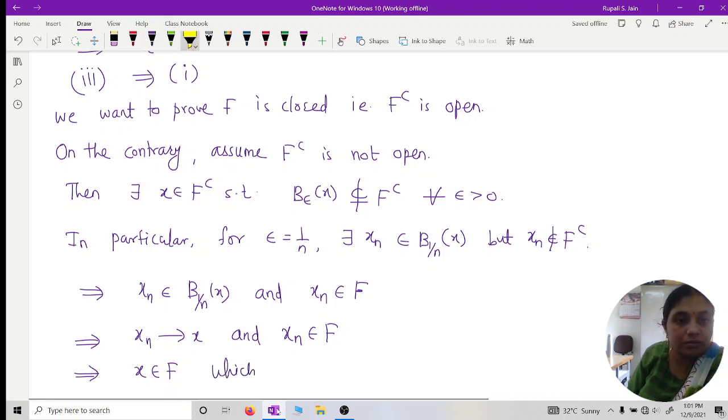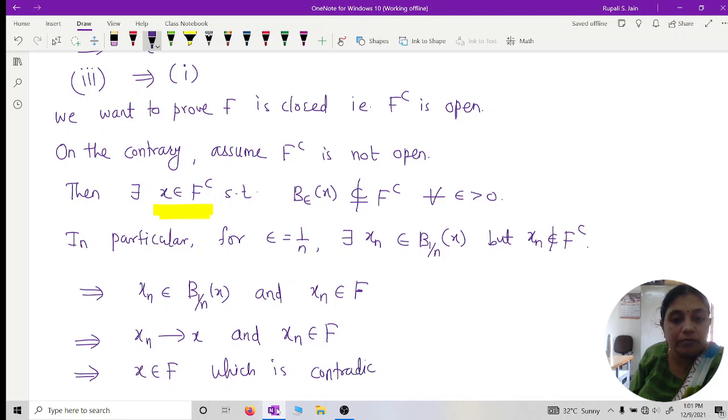Right here, this is a contradiction to x belonging to F complement. Therefore our assumption is wrong. Therefore F complement is open.